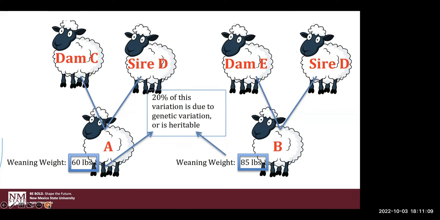So why is that? That's probably coming from a combination of the fact that she's a higher producer, but he's still a higher producer as well, and that will give you a 20% advantage in that situation.